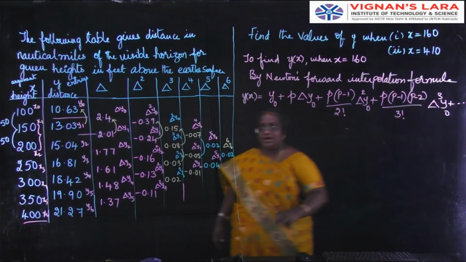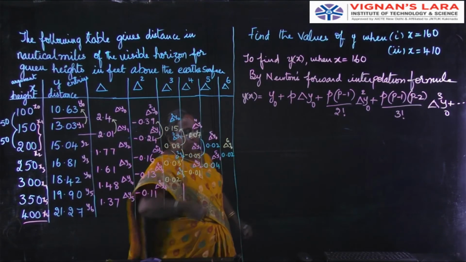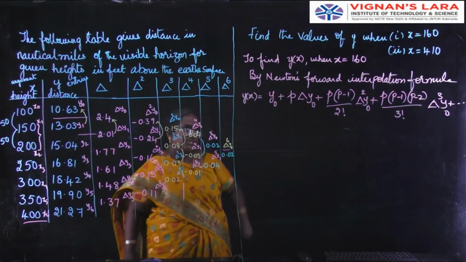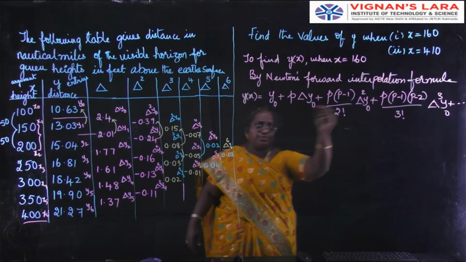So how far do we have to write here? Observe here. How many forward differences did we get? We got up to the 6th forward difference. So we have to write up to del power 6 y naught.